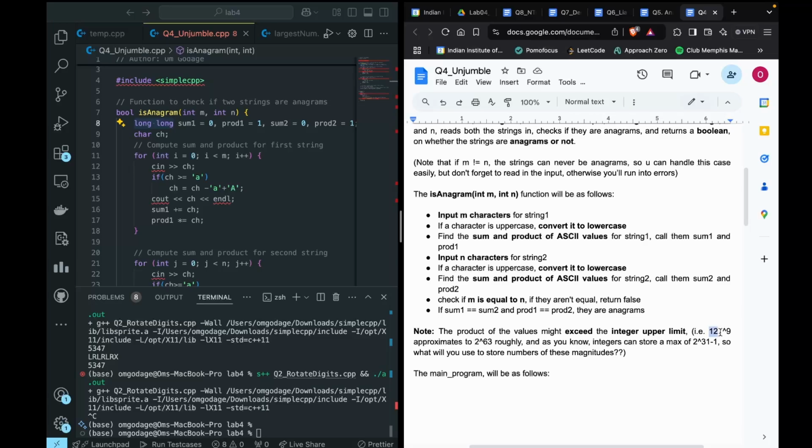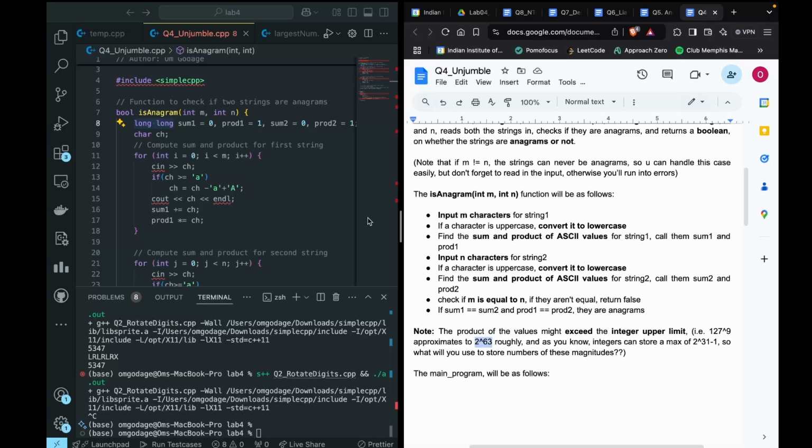So you can have 127 raised to 9 as the maximum product of all the numbers. So I'm assuming that each single letter in the word was a character which had the value of 127. So 127 raised to 9 approximates roughly to 2 raised to 63. So this is how big the product can blow up to.